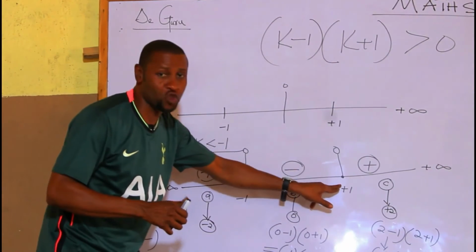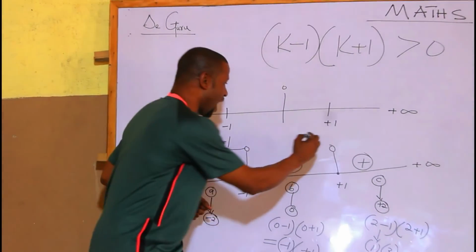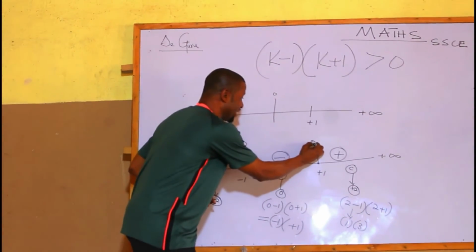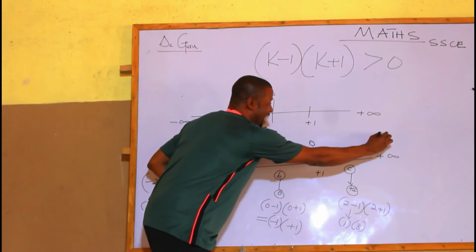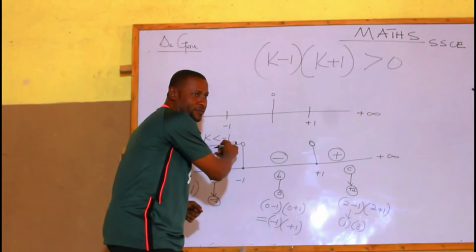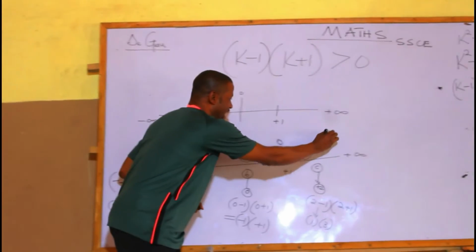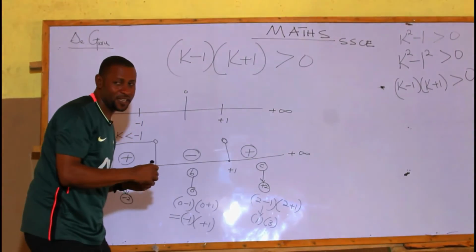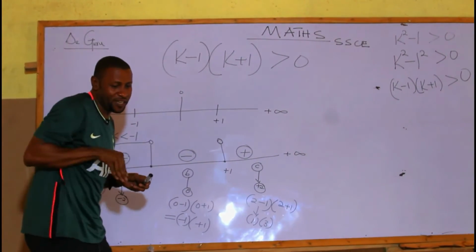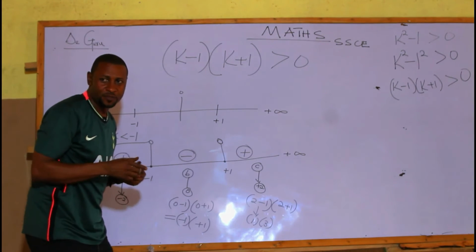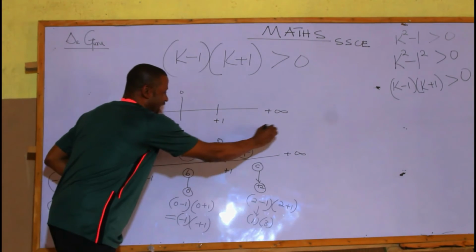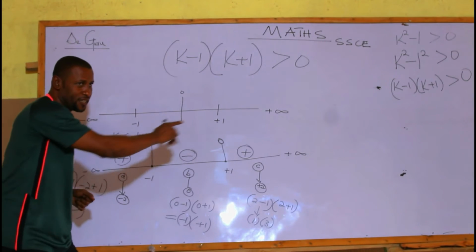Now I will come to plus 1. Watch, watch, watch. I want to draw my arrow, ladies and gentlemen. Do I draw it like this or like that? Somebody do like this. Do I draw like this or like that?